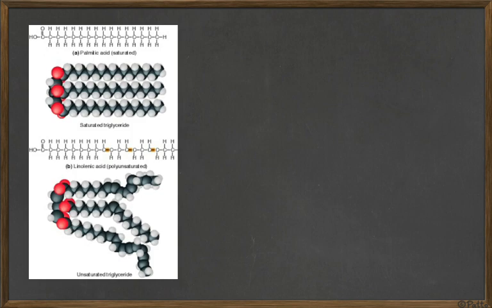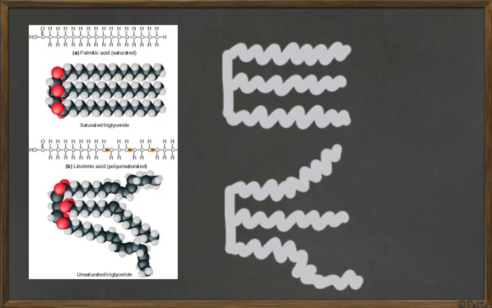So that one in the bottom is probably liquid at room temperature. The difference between them is going to be the melting point, how solid or how liquid they are at the same temperature. Okay, so they are going to be represented like this. The one in the top, many saturated fatty acids, and the one in the bottom, many unsaturated fatty acids.